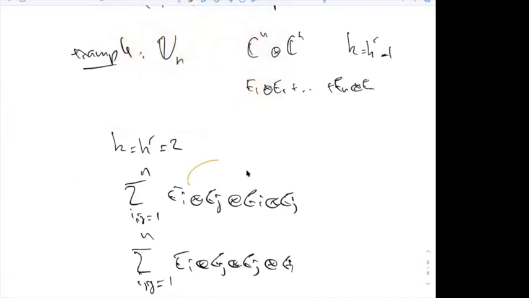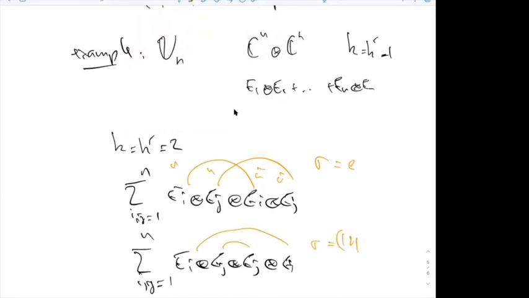This is the identity permutation. This is sigma, so 1 is sent to 1, 2 is sent to 2. I should keep in mind that the first guys and the last guys play a different role, because here I have some u's which play a role, and here I have some u bars which play a role. And here this is 1, 2. So here sigma is e, and here sigma is (1 2).